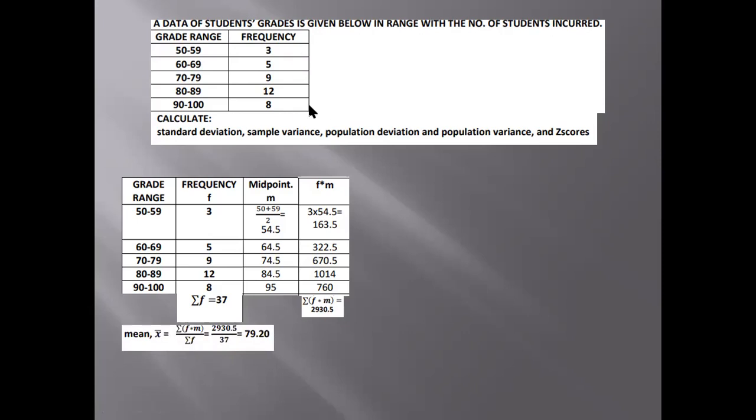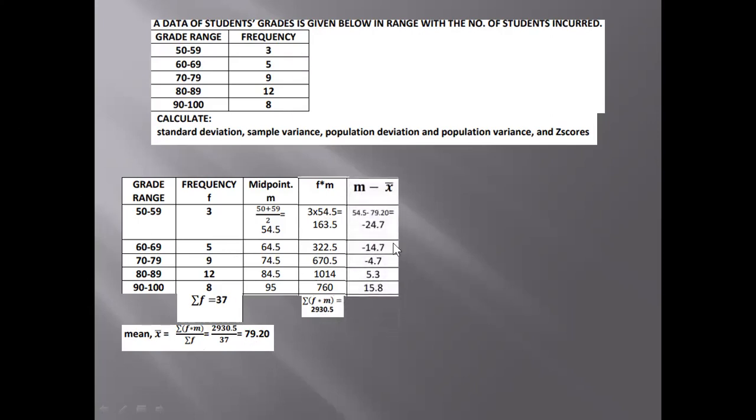The next step is to determine the mean. Your mean, x bar, is equal to the summation of the fourth column all over the total frequency. So 2,930.5 all over 37 gives us 79.2.